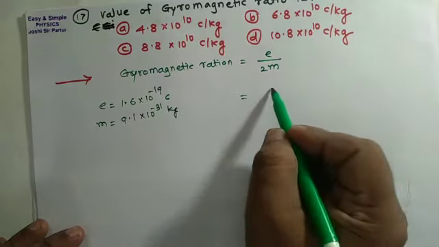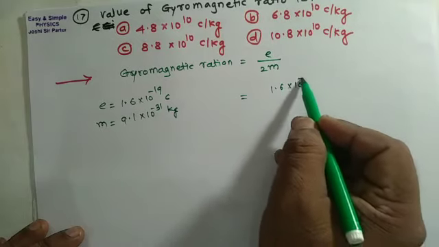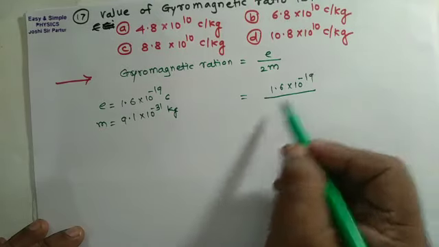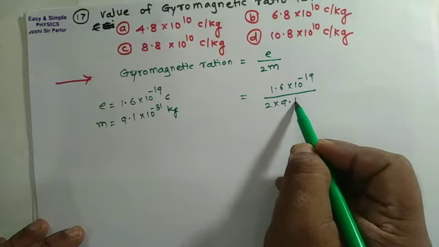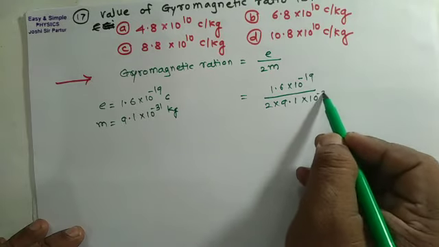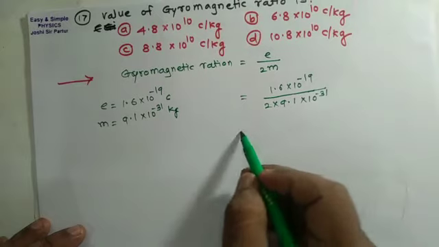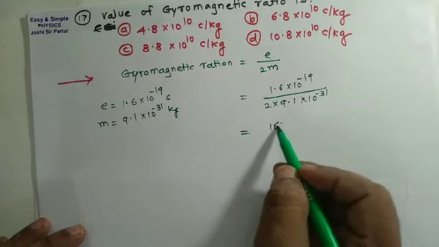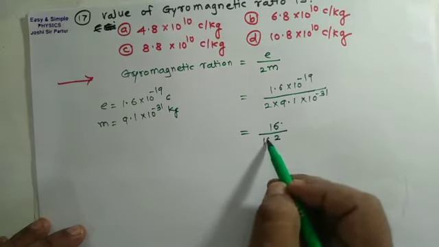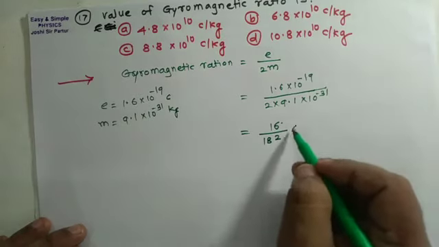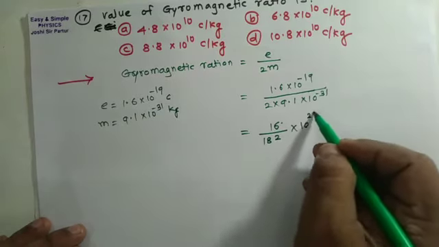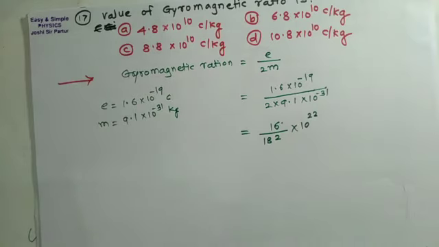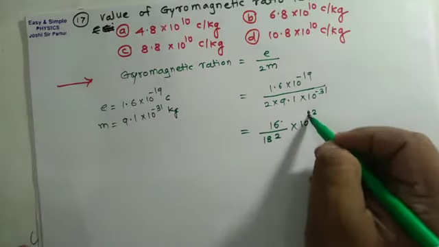So here 1.6 into 10 raised to minus 19 divided by 2 multiplied by 9.1 into 10 raised to minus 31. So what happened? 16 divided by 182 into 10 to the power 12.